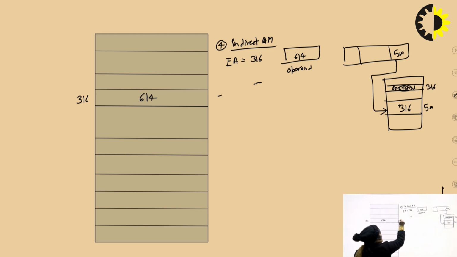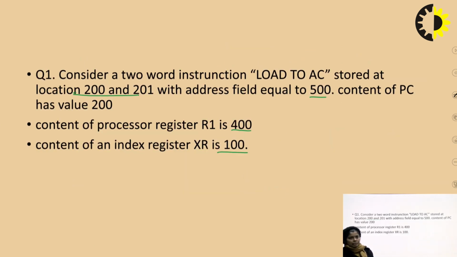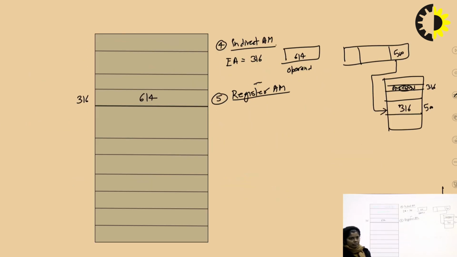Now the next part, after the indirect addressing mode, is the register addressing mode. In the register addressing mode, you can calculate with whatever register value is given in the question. R1 is a processor register, and its value is 400. Fine.